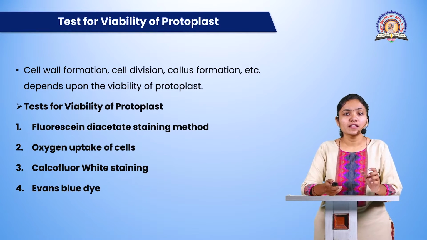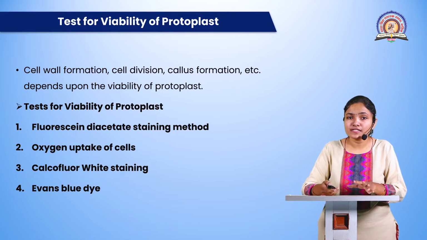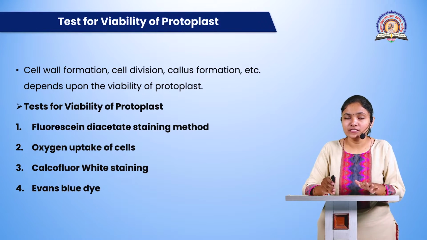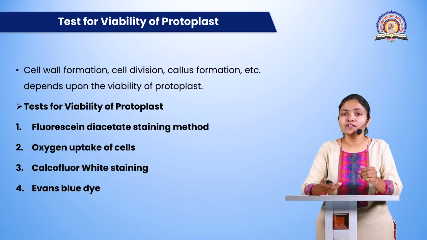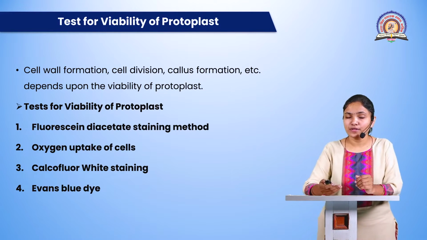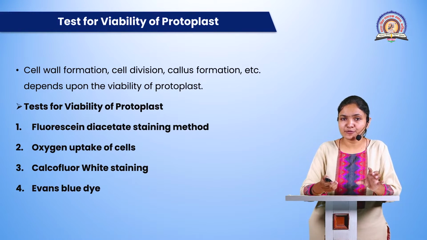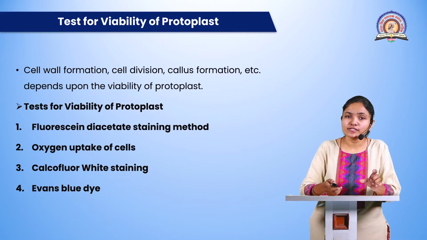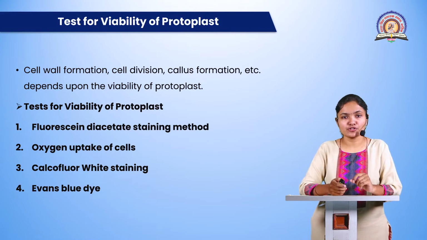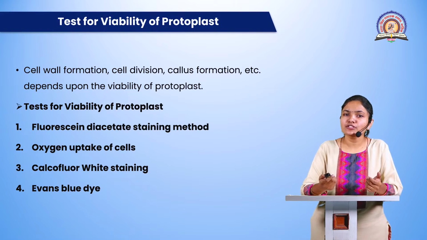Now students, the oxygen uptake of the cells is very easy to monitor. So I will first explain the oxygen uptake and later on we will see the other three methods. Simply take the isolated protoplast suspension in a tube and continuously monitor the oxygen level of that suspension. Now you will wonder why to check the oxygen level.